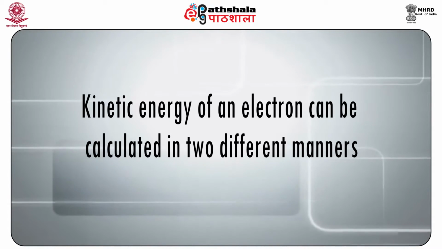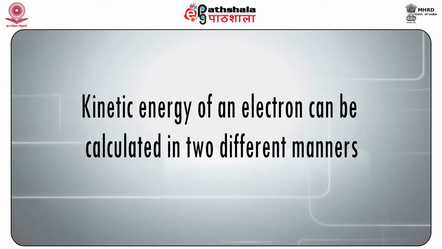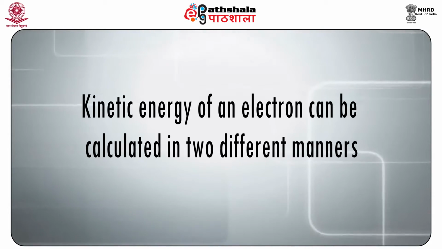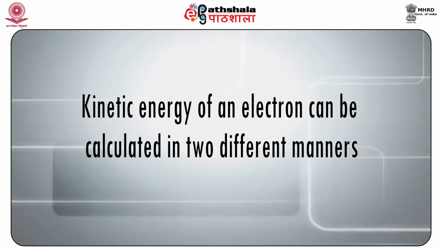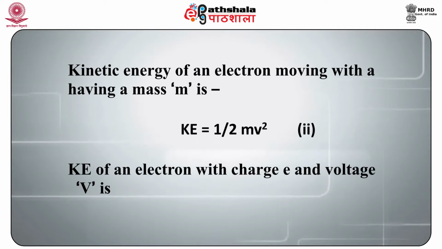Now, the kinetic energy of an electron can be calculated in two different manners: from the velocity with which it is moving, and from the voltage, denoted by V, through which it has been accelerated for attaining velocity, denoted by small v.